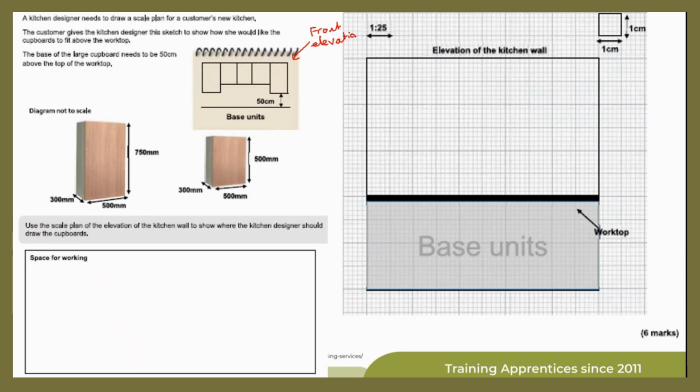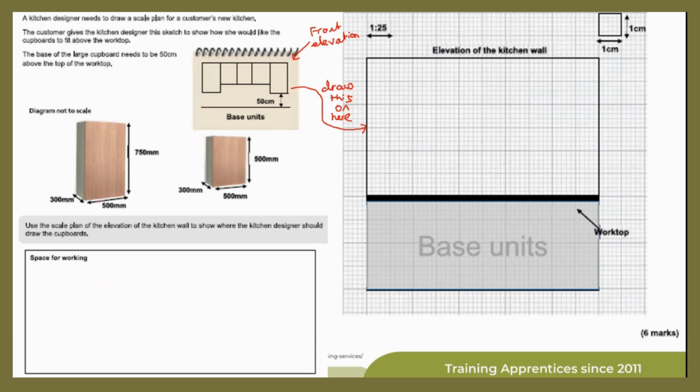So it's looking at the shape flat on from the front, and that is what we need to draw here. We need to transform this picture here onto our elevation using our conversions and our steps that we've done. So what we need to now do is convert our images. And as you can see, there is something a little bit different here.